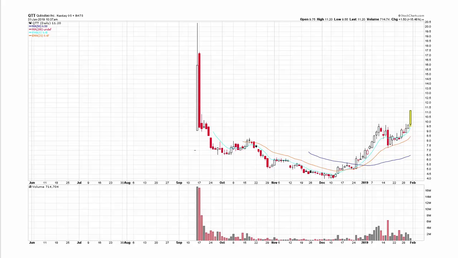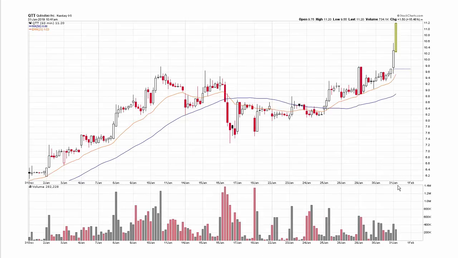So if I zoom in here with the 60, you can see this highlights something that I really like to do. You can see the orange line here, which is the 21 period EMA. So the stock trends up above the EMA, then it trends sideways, and then it starts trending up again.